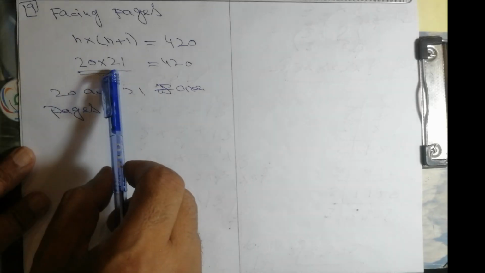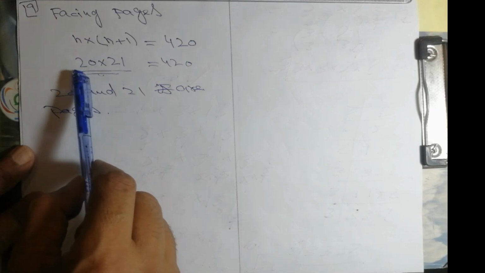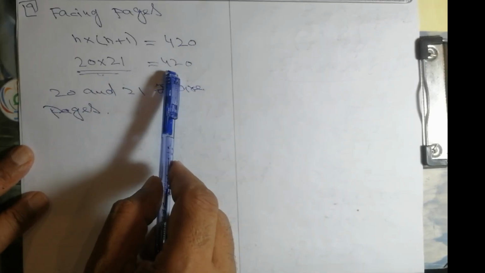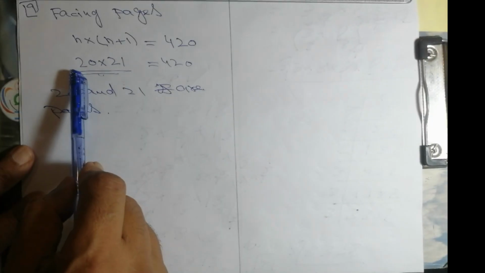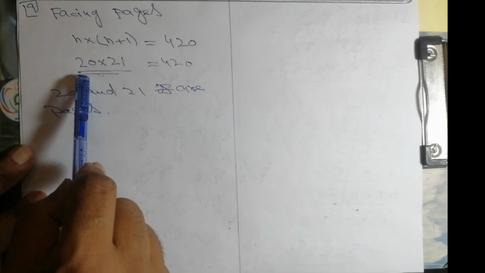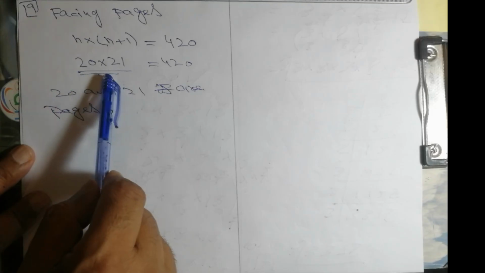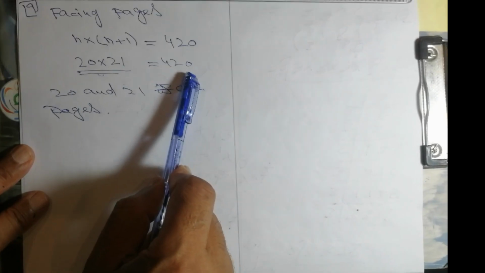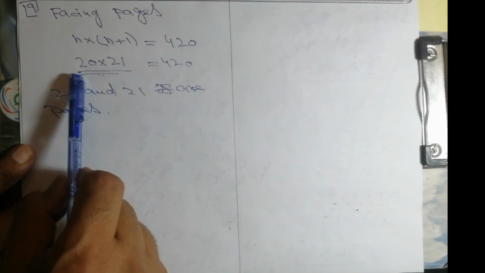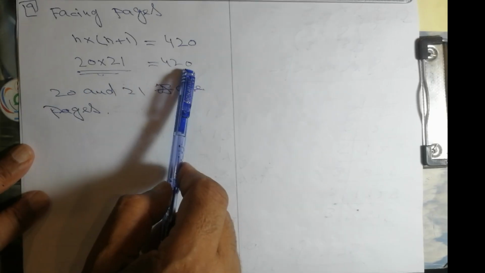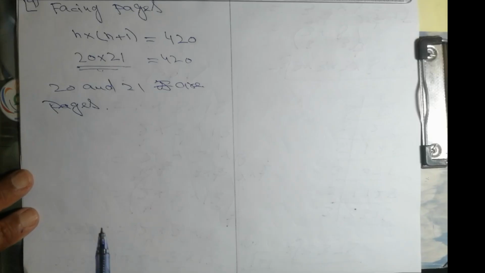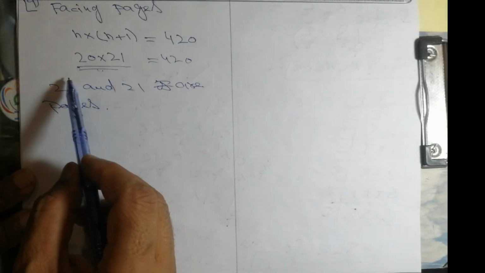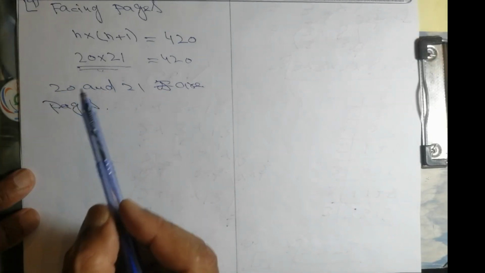But that was just a guess point, we need the product 420. So if one page is 20, next will be 21, and if we multiply, we get exactly 420. So the pages will be 20 and 21.